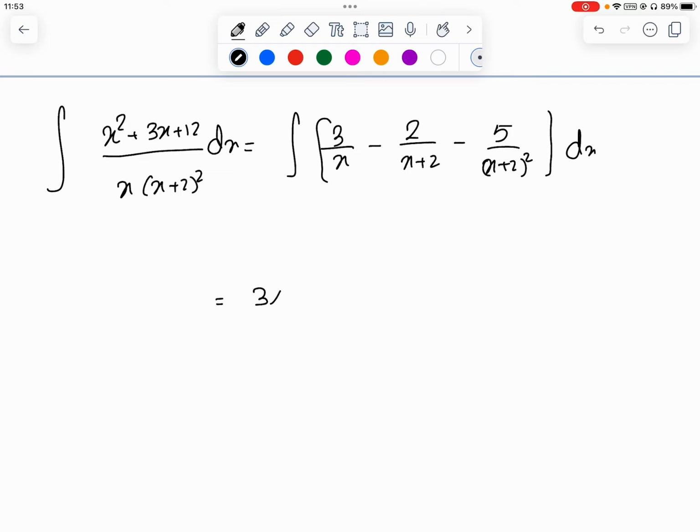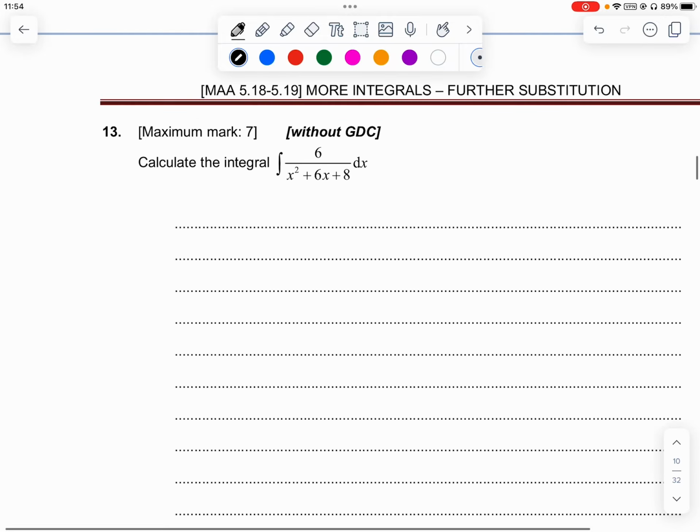So it becomes 3 ln x minus 2 ln of (x plus 2) plus 5 upon (x plus 2) plus c. This is going to be the answer. Question number 13. Calculate the integral of this.